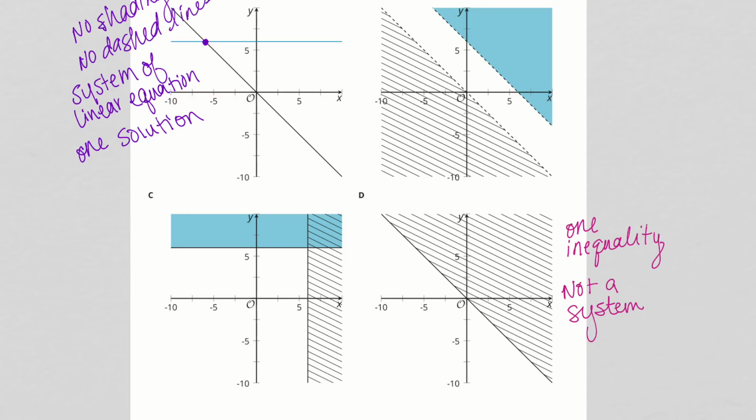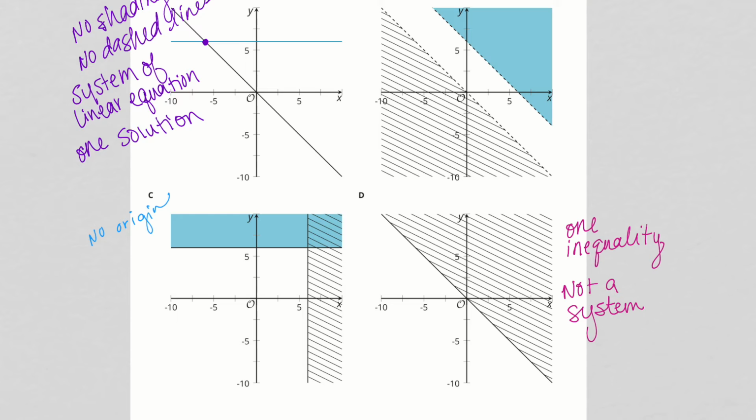Okay, why does C not belong? What's different about it? It doesn't go through the origin. Yeah, it's the only one that doesn't go through the origin. Do either of these lines have slopes?